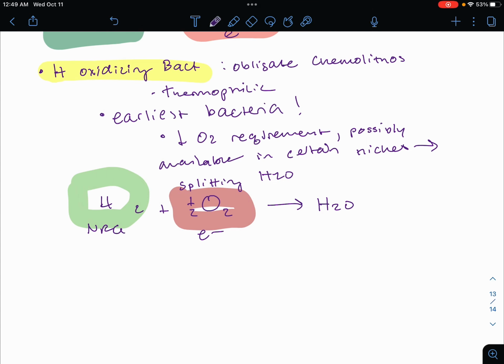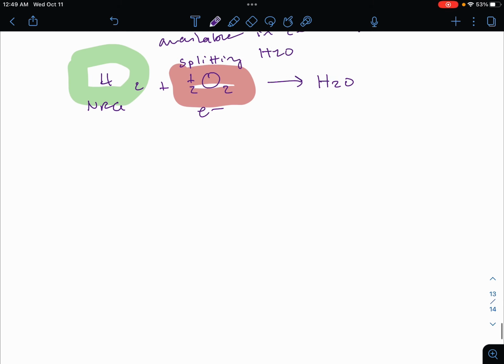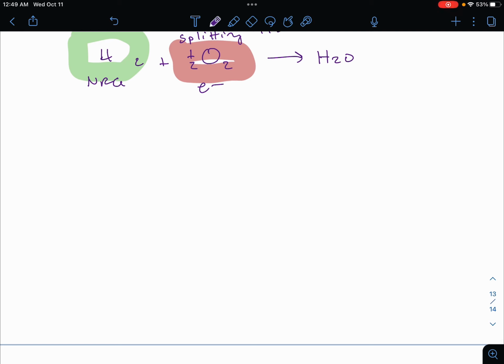Alrighty. We have a few more left. We have the aerobic organotrophs next. So again, we're going to be using oxygen as the terminal electron acceptor. Now, our energy source will be these organic compounds. Let's check out these species.